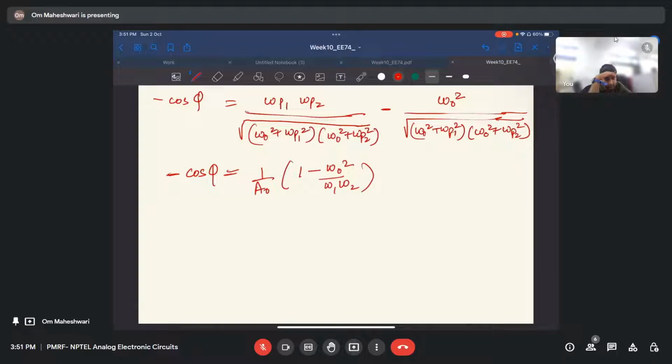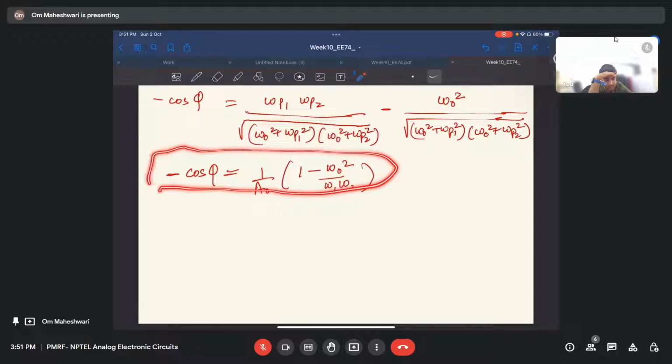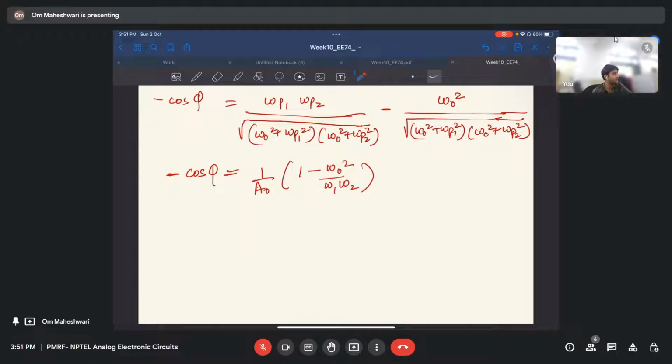I won't derive where it comes from, it is fairly easy and he has done a similar thing, so you can see it there. It comes from here only. If I tell you where it comes from, it is easy, I think.